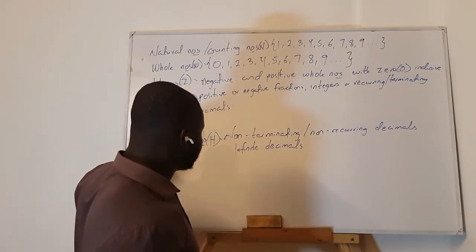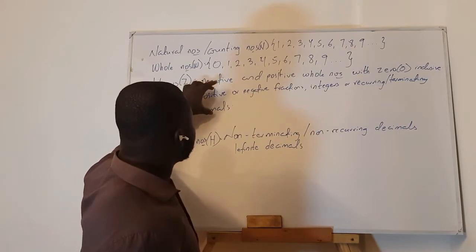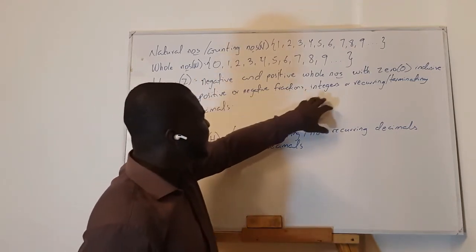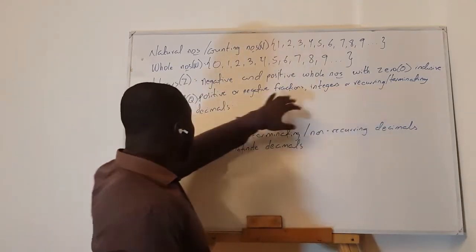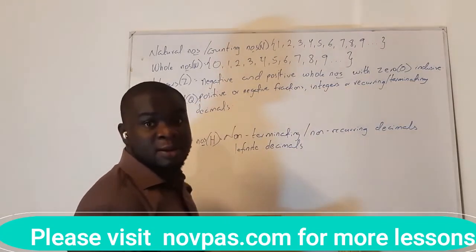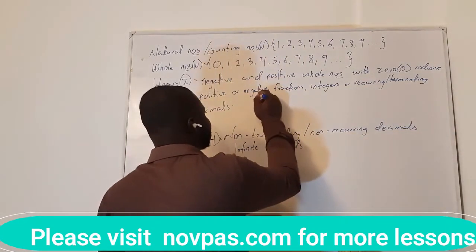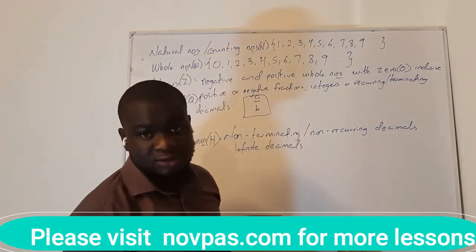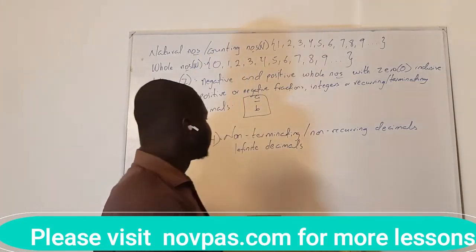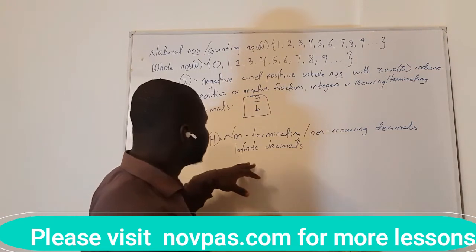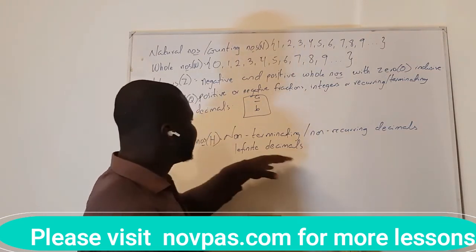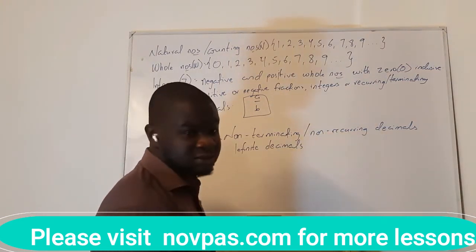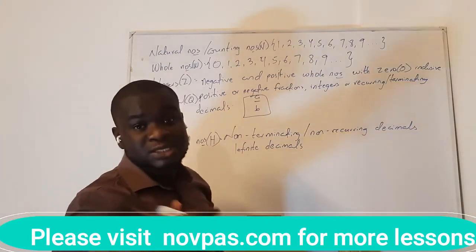The main focus is these two. Rational numbers: positive or negative fractions, integers or recurring or terminating decimals, okay? Basically, these can be represented as a over b, as a fraction, all right? But for irrational numbers, they are non-terminating or non-recurring decimals. They produce infinite decimals.